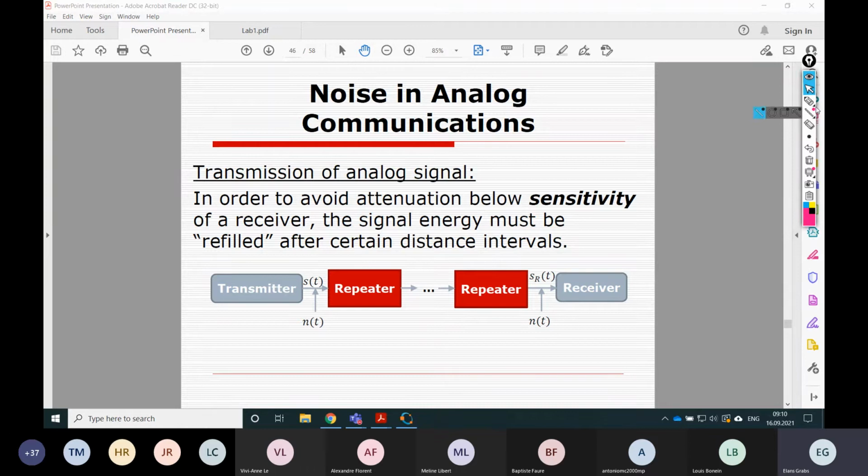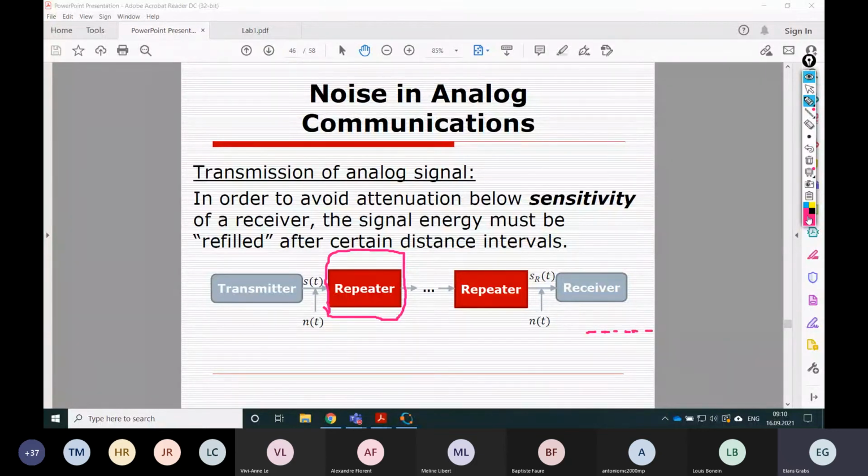We need to use a device called a repeater. A repeater receives the signal, amplifies it, and sends it further. This way we can send just as far as we'd like if we have enough of these repeaters. Another important thing is that the receiver has some hearing threshold called sensitivity.